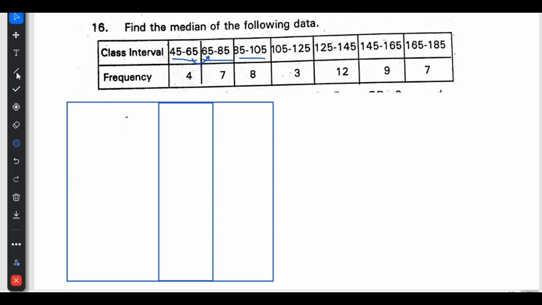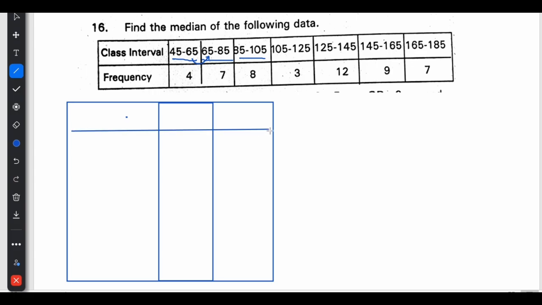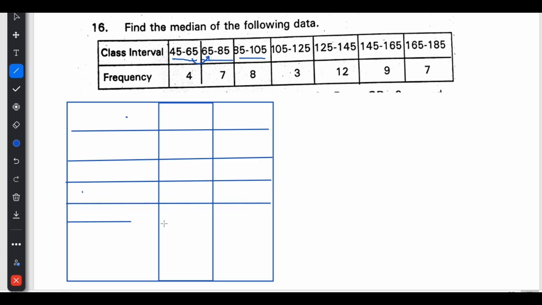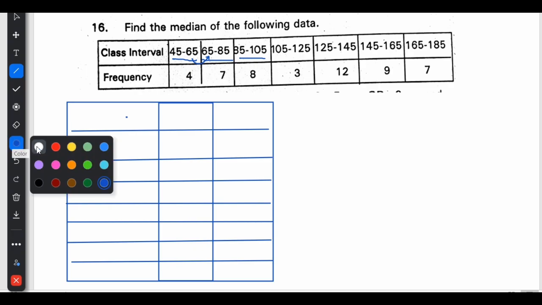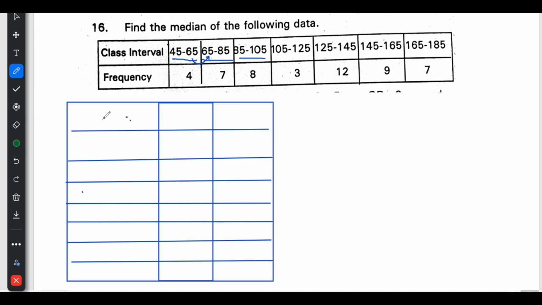The classes are 1, 2, 3, 4, 5, 6 and 7. I take class interval as the first column, frequency as the second column, and cumulative frequency as the third column.